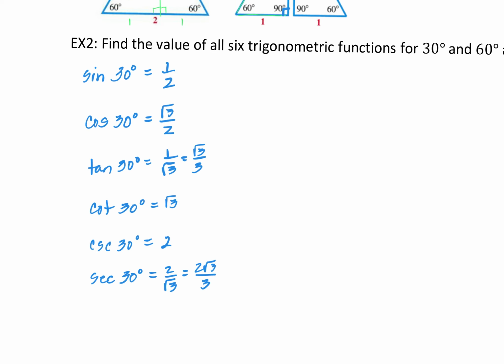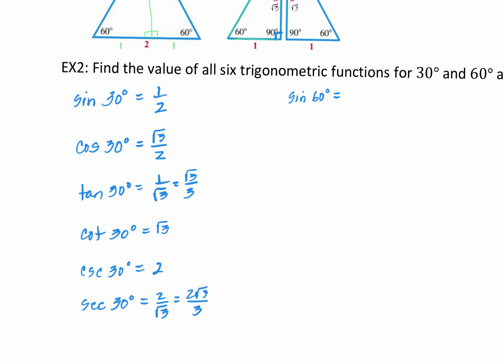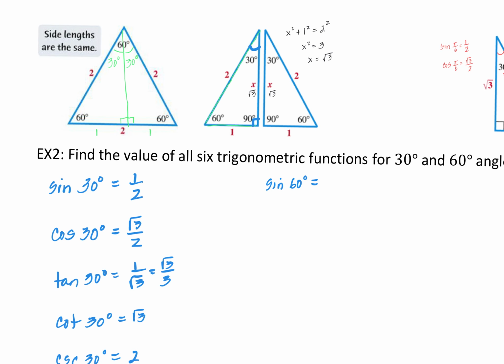And then if I was going to look at the 60 degrees, and I'm just going to do a few of these. Again, going back to the triangle, this time we're looking at the 60 degrees. So the side opposite is going to be the square root of 3 over the hypotenuse, which is 2. But then notice that that's our cosine value.